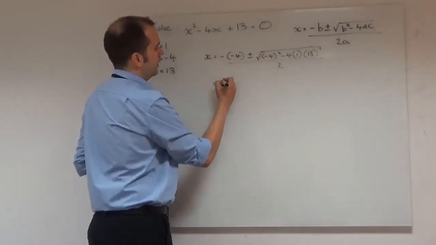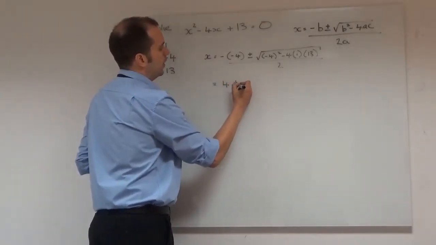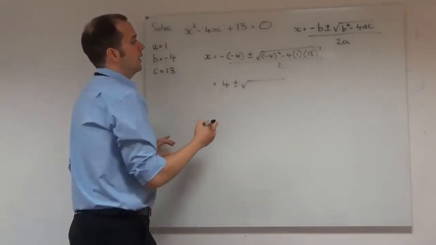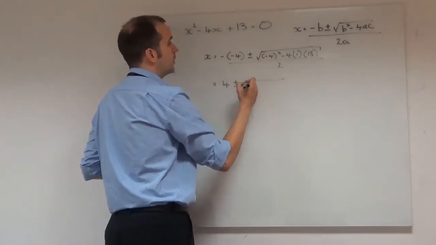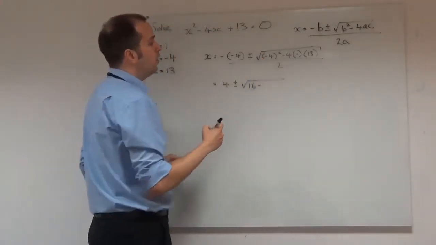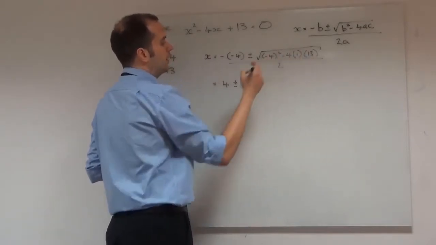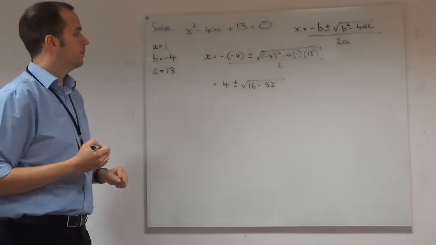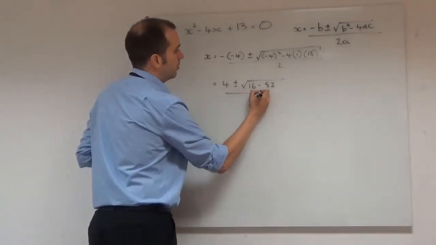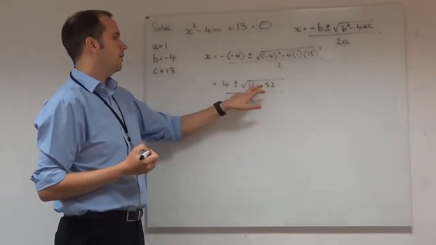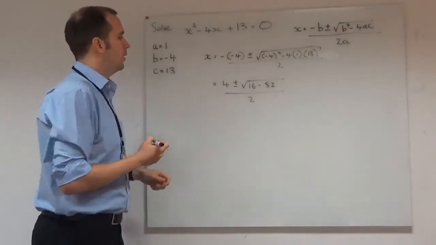So, let's work out what's under the square root. We have minus minus, so that's just 4. But what have we got under that square root term? Well, we've got minus 4 squared, which is 16. And we've got minus 4 times 1 is 4. And then 4 times 13 is 52. And that's all divided by 2. So let's just finish off working out what we've got under this square root.